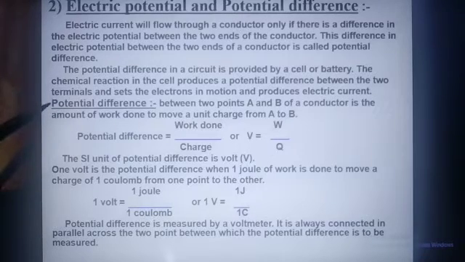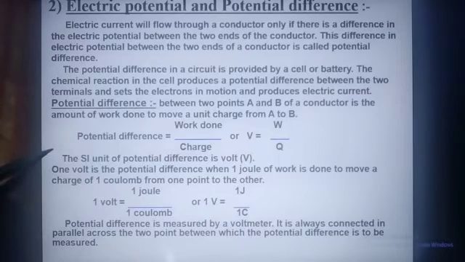That is why we say the potential difference between two points A and B of a conductor is the amount of work done to move a unit charge from A to B. Therefore, potential difference is represented by V is equal to W by Q, that is work done by the charge.